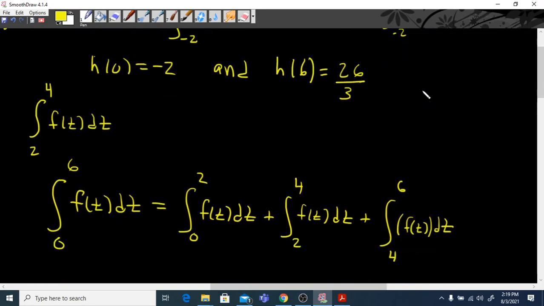So instead of 0 down, let's do negative 2.